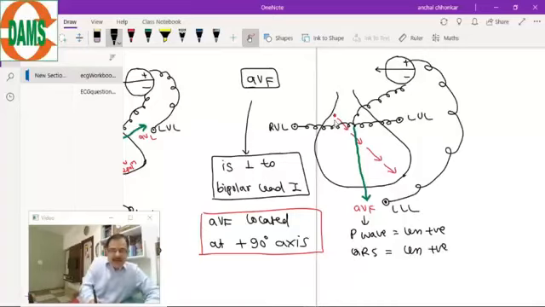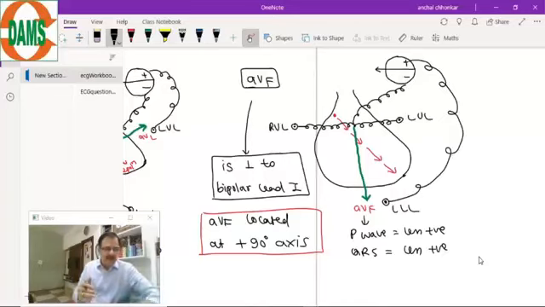You can see the red color depolarization direction. This is oblique to the line of AVF, so it will be less positive. Now, these are the limb leads.